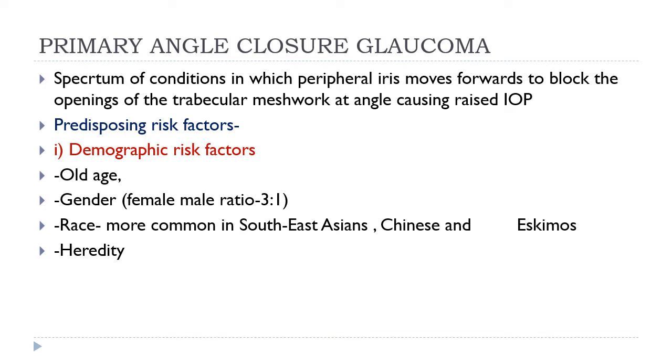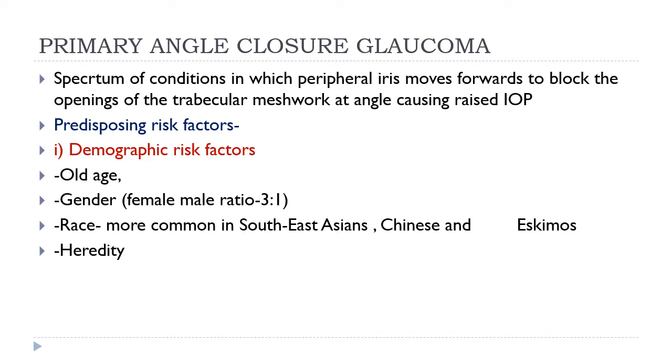We call it the angle of the anterior chamber, where we have a meshwork-like thing, that is the trabecular meshwork, through which the aqueous is drained. If that channel is closed by shortening of that angle, that leads to the raise in the intraocular pressure and further leads to glaucoma.